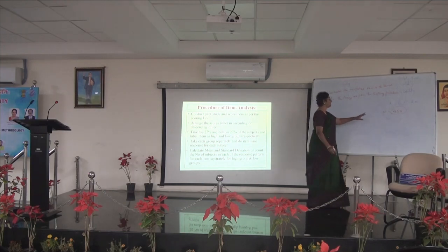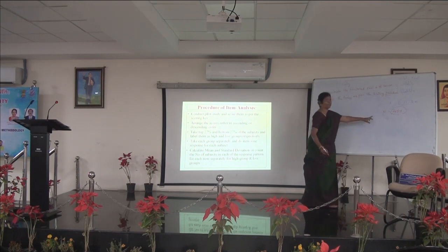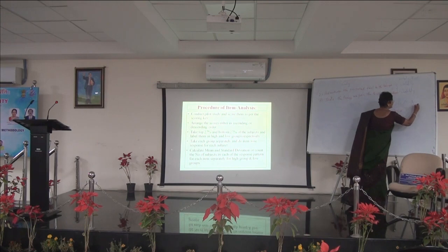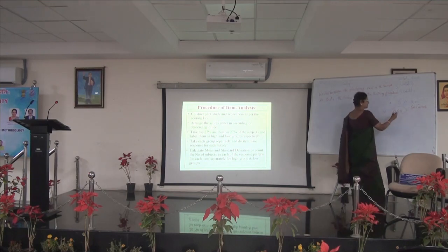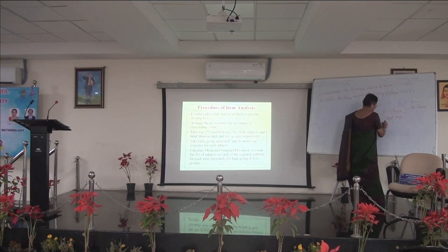You have to score all the 400, and the tool consists of 50 items. The tool consists of 50 items, and as you said, it is a 5 point scale, and there are 25 positive items and there are negative items.